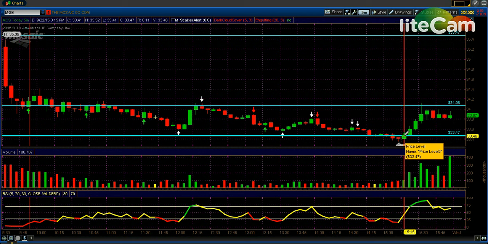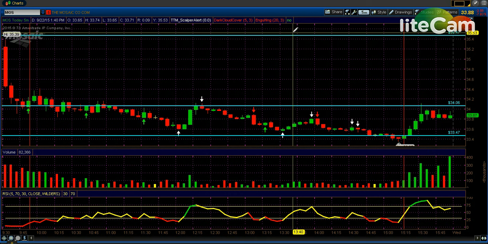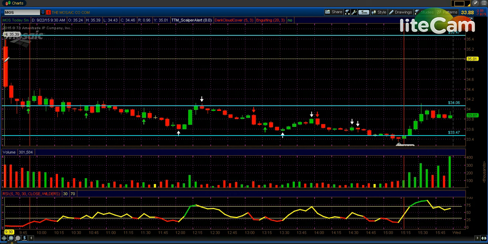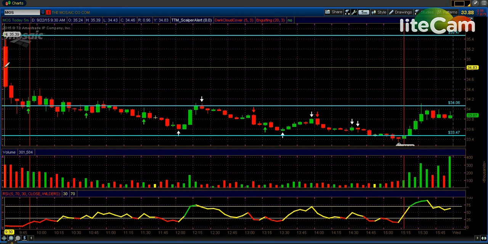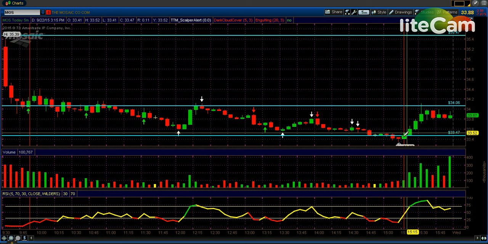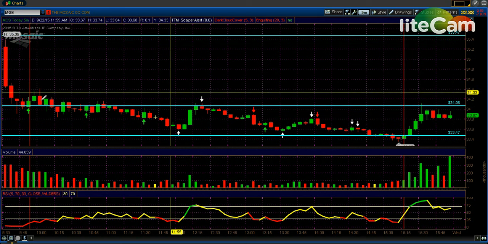On this trade, I had my stop loss just above the wick of this first red candle. So it was at the price $35.46. Now, why did I enter at this price and why did I exit at this price?